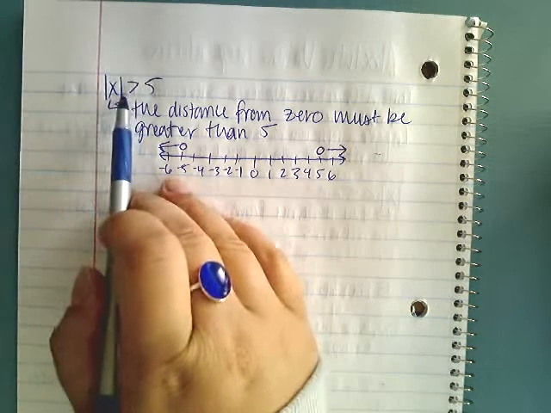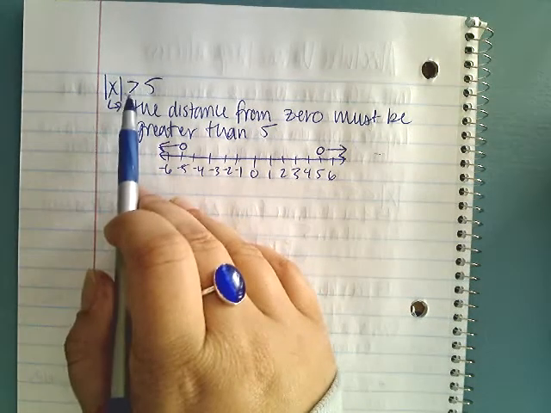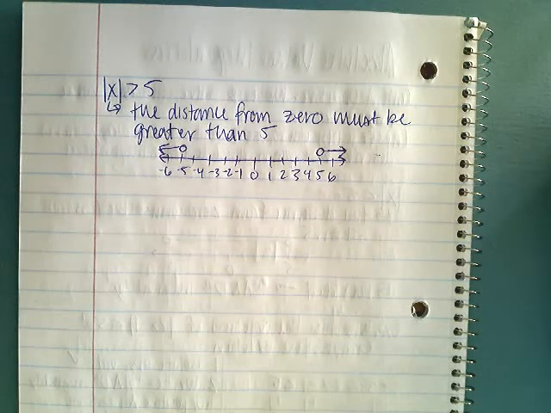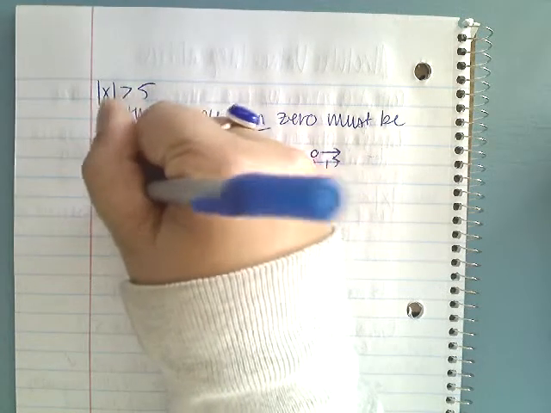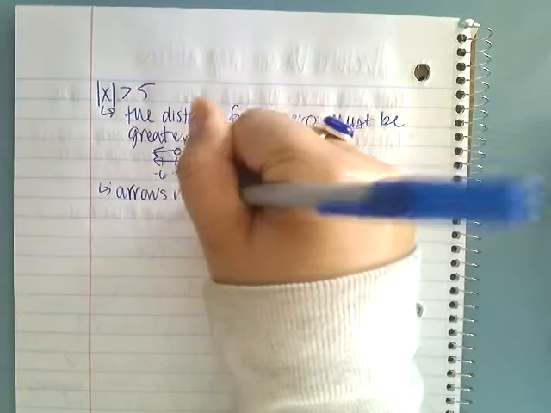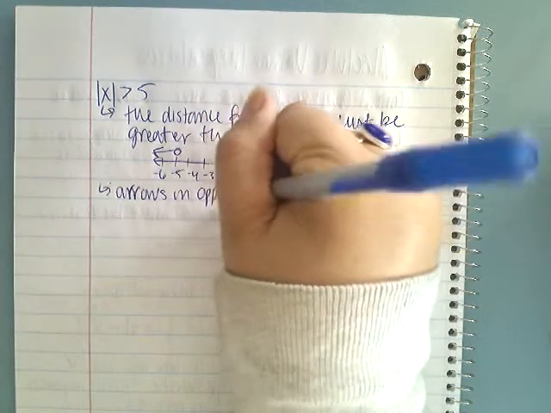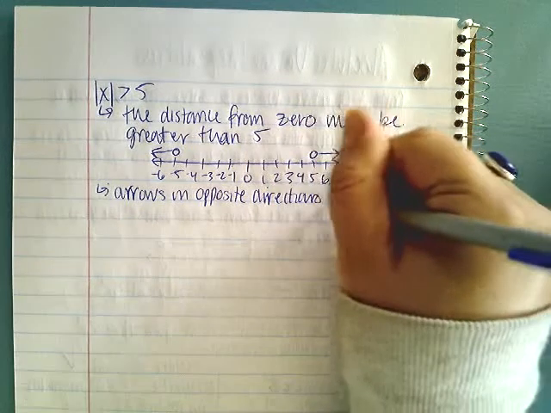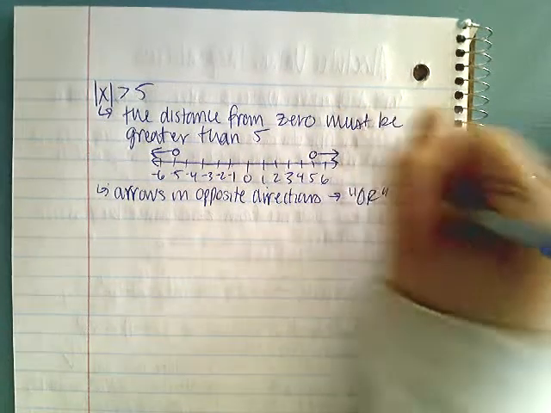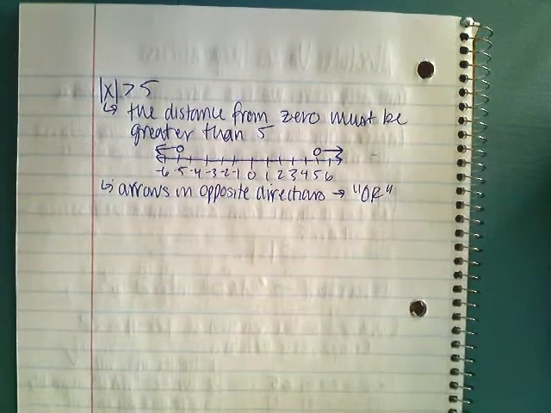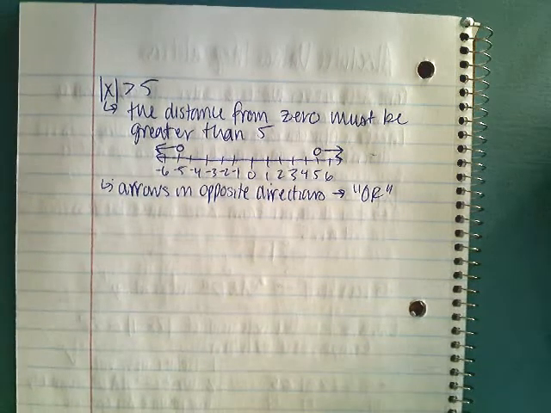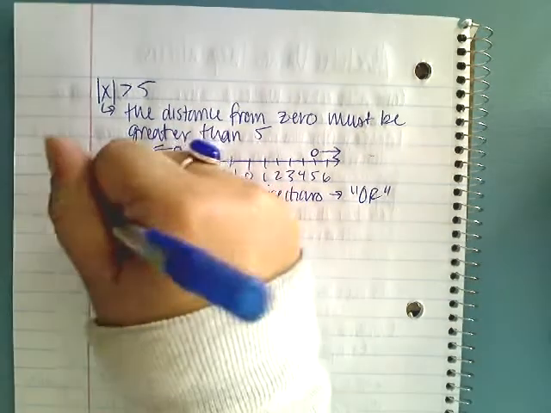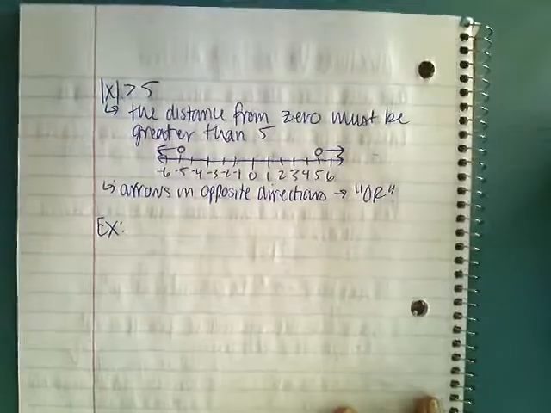When we have a greater than with an absolute value inequality, it means our distance needs to be greater than. We're going to end up with an or, and our arrows are going to be in the opposite direction. That's going to be an or inequality. So when we have less than, it's and; greater than, it's or. It's going to be just like our or inequalities, but we're going to do an example together regardless.